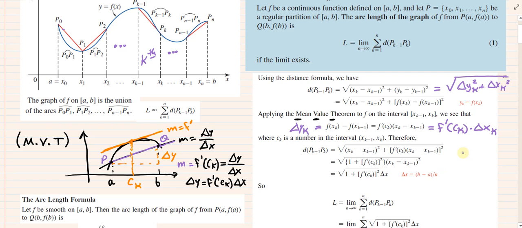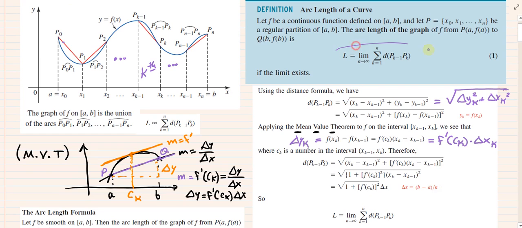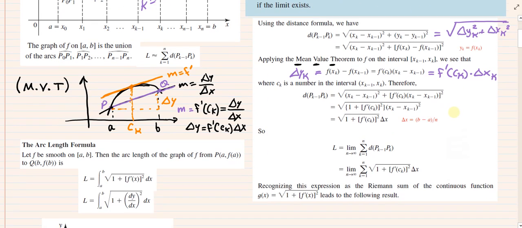And that is just the evaluation of the distance, the direct distance between point p sub k minus 1 and p sub k. And then by definition of arc length of a curve that we have up here, we're simply going to replace this quantity d p sub k minus 1 p sub k with the equivalent form. And that's how, from that step to the last step, that's what happened.